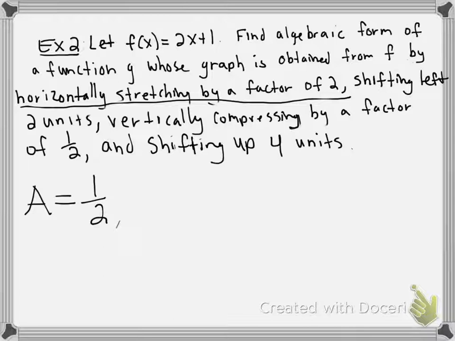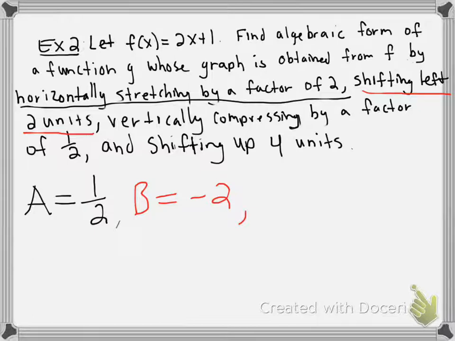Now the next step says we're going to be shifting left 2 units. And when we shift left 2 units, that means that our capital B actually has to be a negative value. Okay, so capital B is going to equal -2.